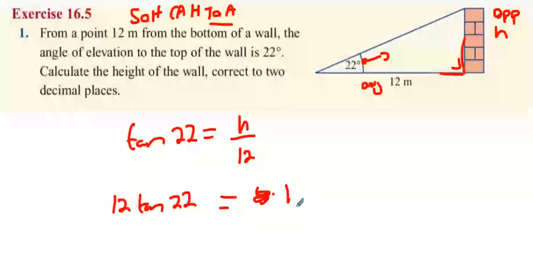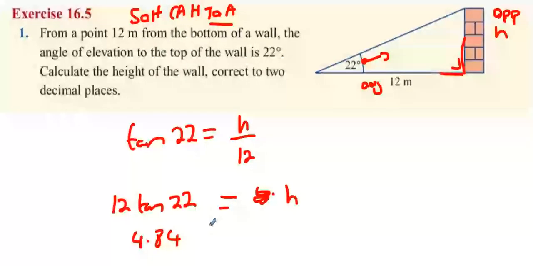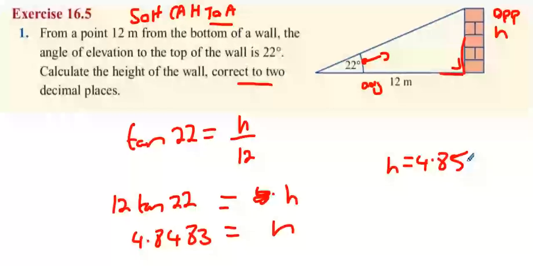Sorry, H equals 4.8483. But it says correct to two decimal places, so H equals 4.85, which makes a lot of sense. Okay, now let's move on to question 2.